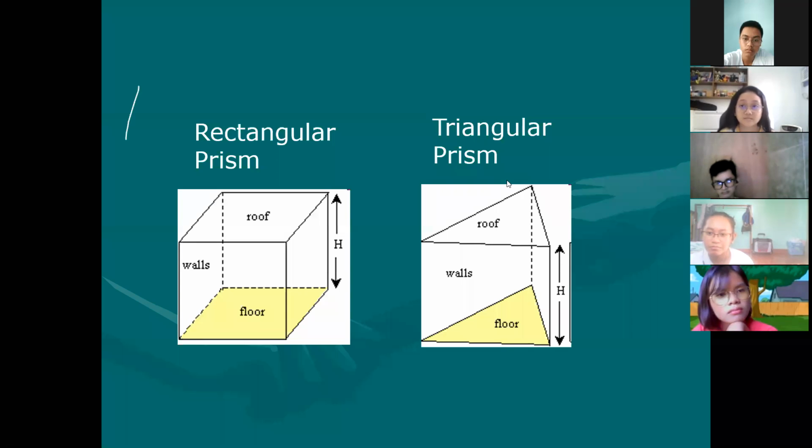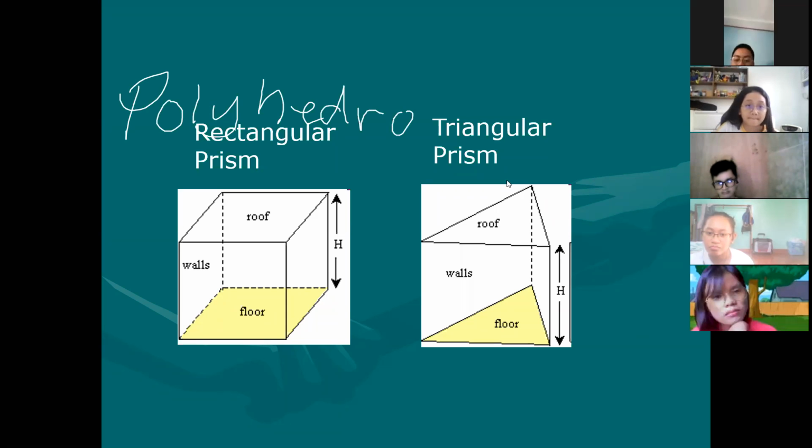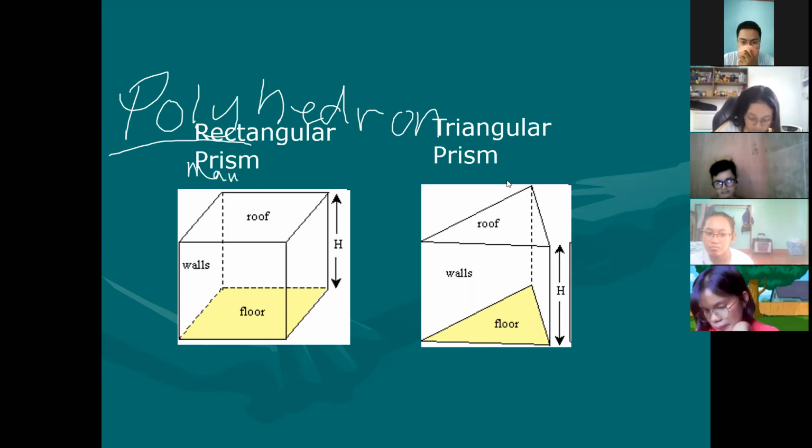Pyramids and prisms are called polyhedra or polyhedron. From the prefix poly, which means many, and from the suffix hedron, which means heads.